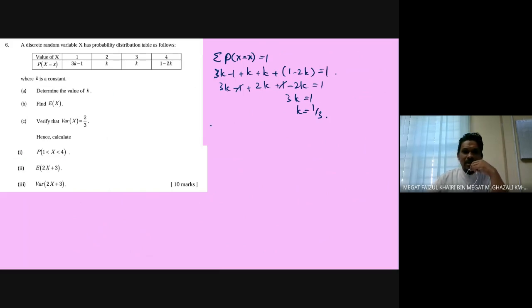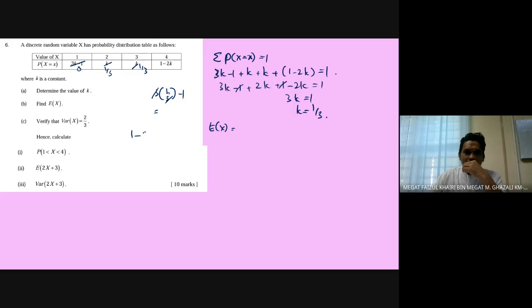So find expected of x. First thing, k is 1 over 3. So 3 times 1 over 3 minus 1. So 3 times 1 over 3 minus 1 equal to 0. And then this is 1 over 3. Another 1 over 3.